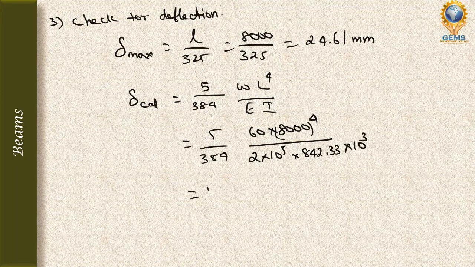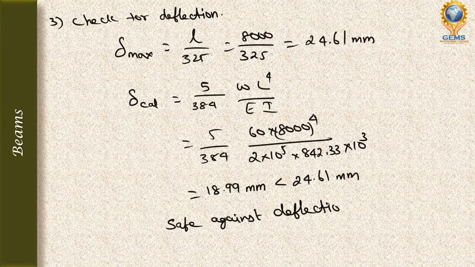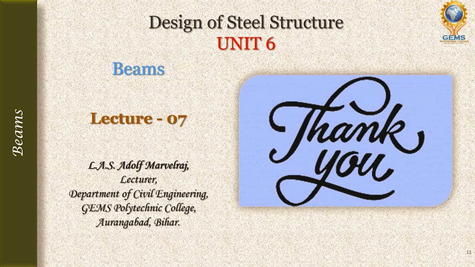So this comes as 18.99 mm, which is less than 24.61 mm. So hence our section is safe against deflection. By this problem we covered how to design the built-up beam for the given length and load. Thank you.